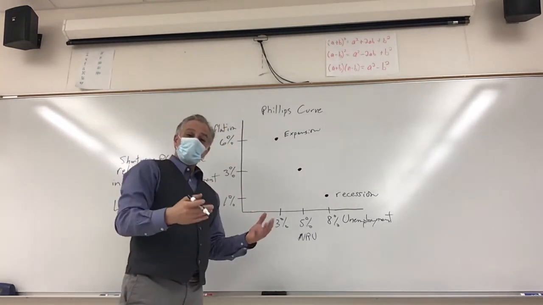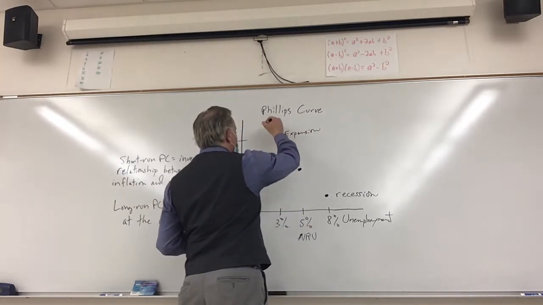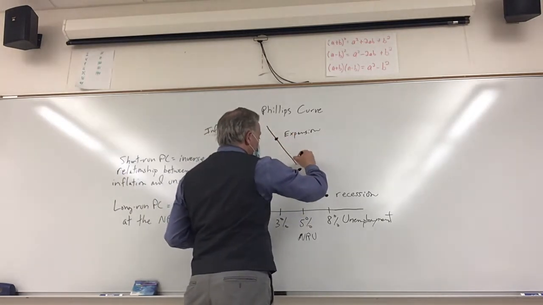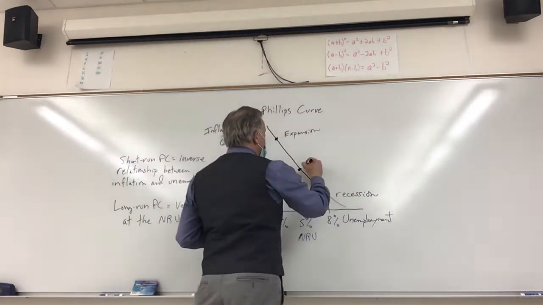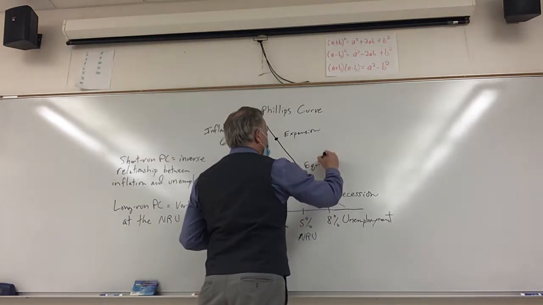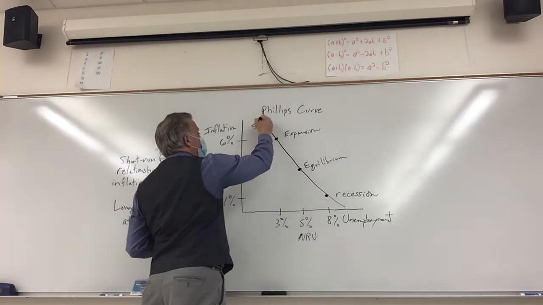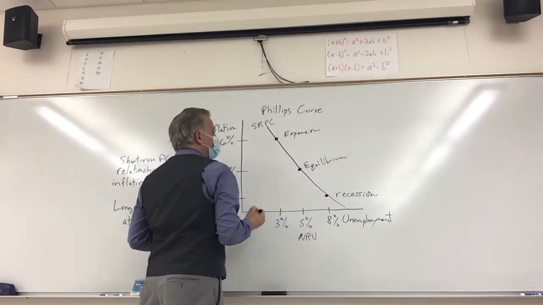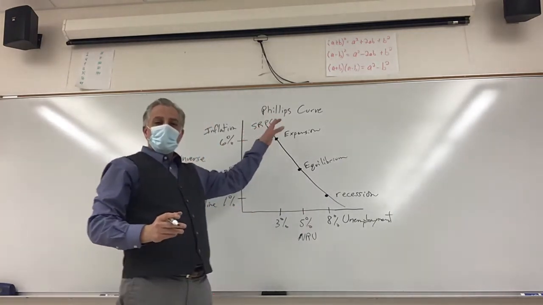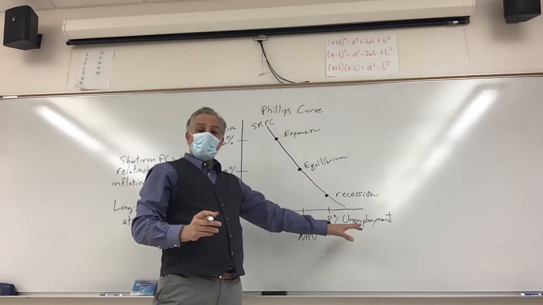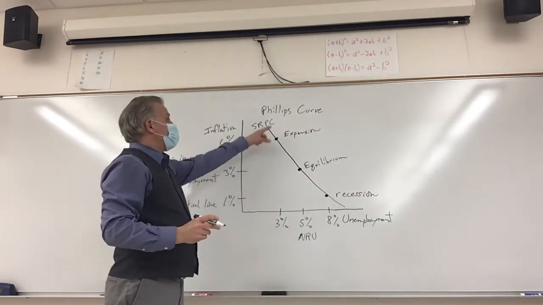Okay, and then we go back to our second grade exercise of connect the dots, and we have our short run Phillips curve. Okay. All right, and we're going to call this the SRPC. And a way to remember this is Philip enjoys eating ravioli.